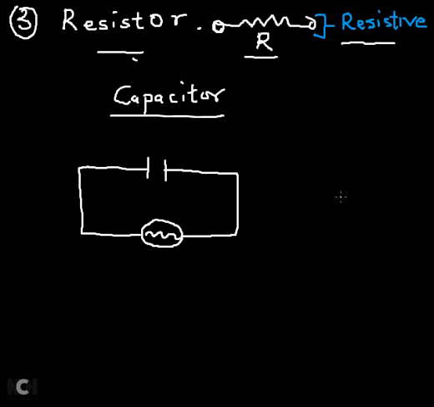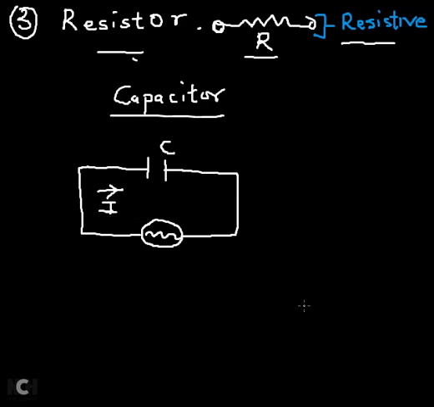Something will be noticed. Let's say the capacitance is C, the current is I, and the voltage is V. The current flowing through the capacitor and the voltage across the capacitor will have a phase angle. They will have a phase difference.